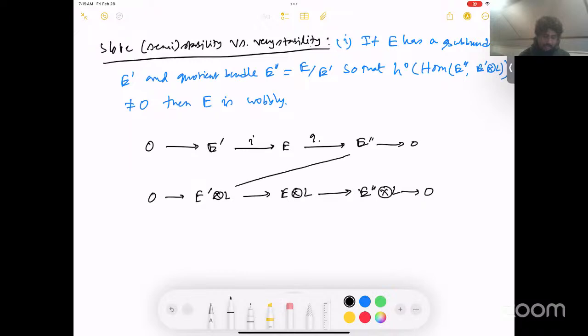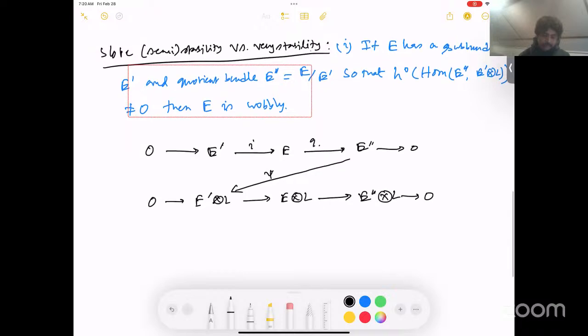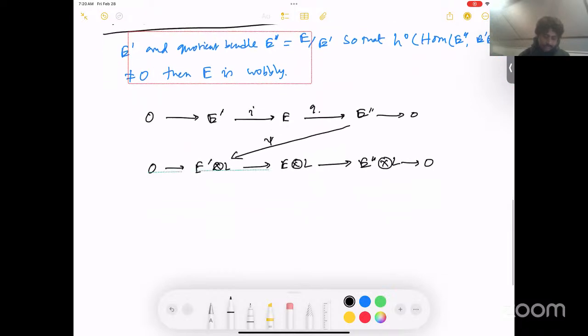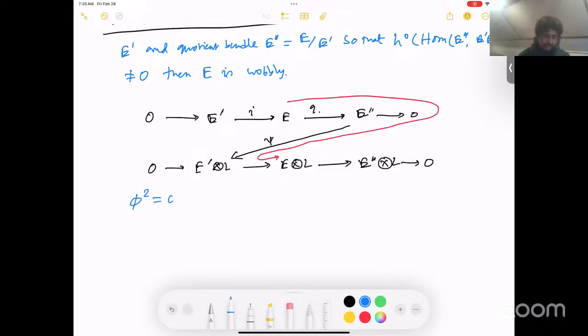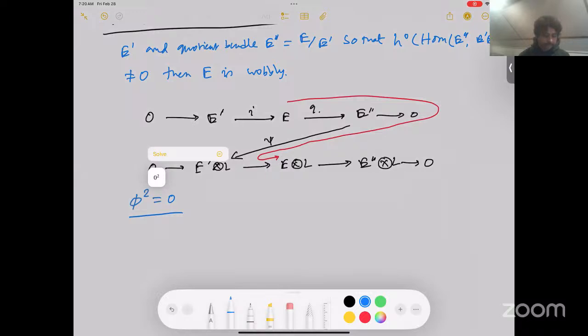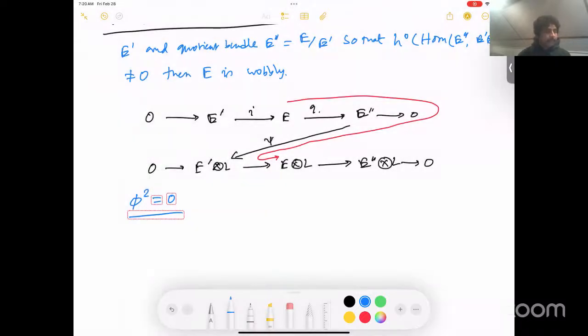Here we can plug in the non-zero morphism which already exists by our assumption in the statement, and we simply compose this morphism from E to E tensor L, and this composition morphism, call it phi, always satisfies phi squared equals 0. So it will be important, but it is non-zero. You can verify it is elementary. Okay.